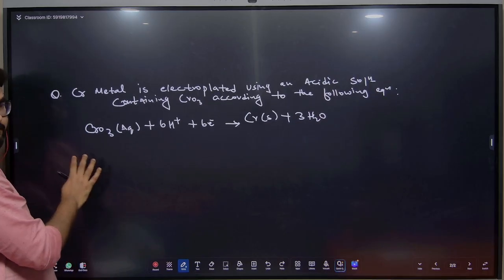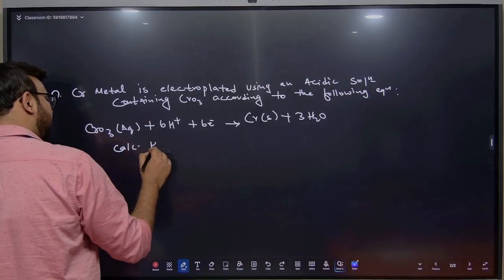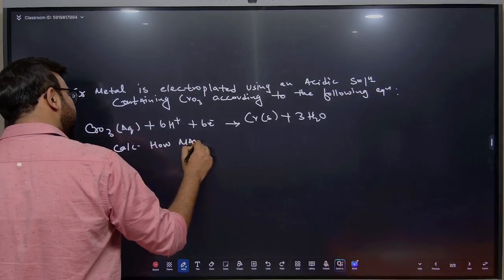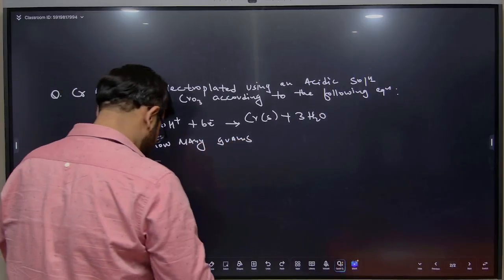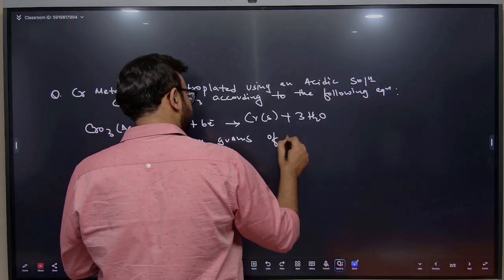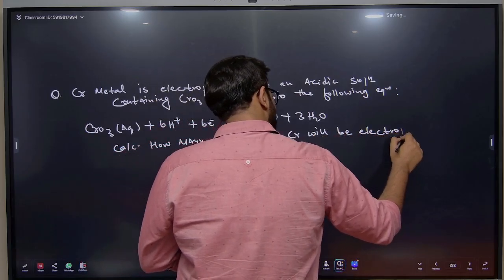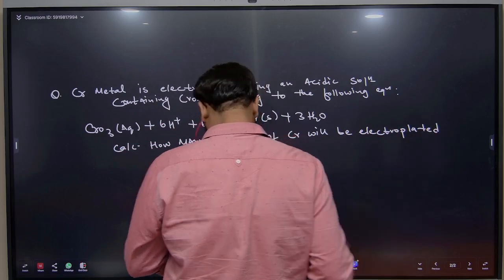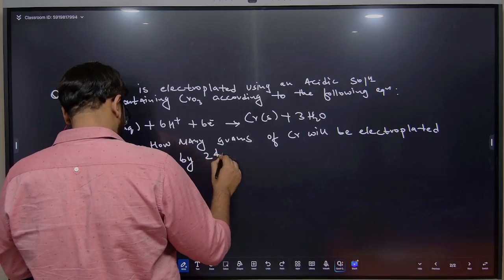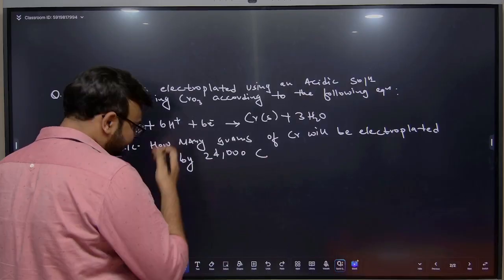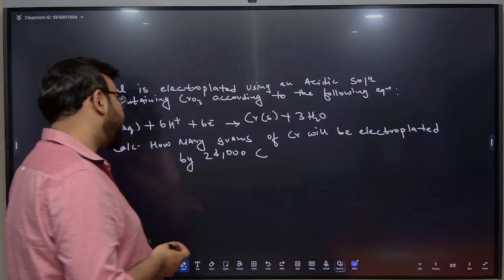Chromium electroplating. Now, it says calculate how many grams, this question came in the board exam for 3 marks, of chromium will be electroplated by 24,000 coulombs. So in place of 96,500 coulomb, how much is used? Only 24,000 coulombs.